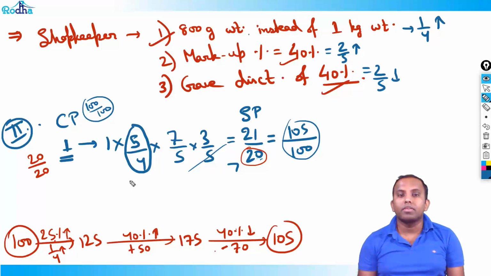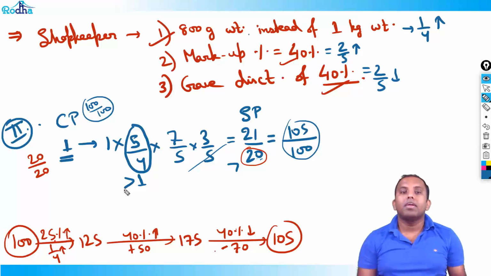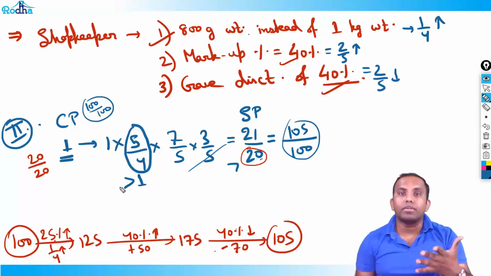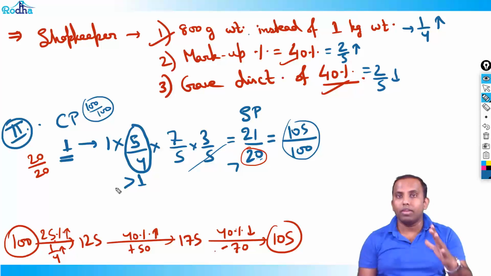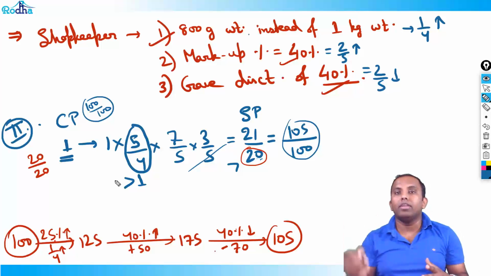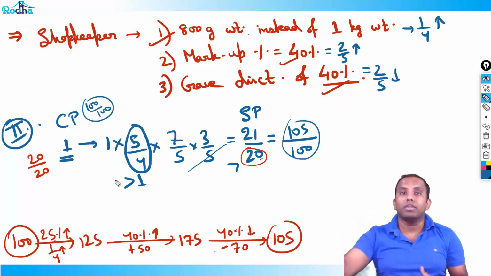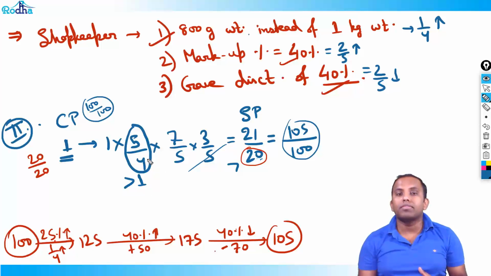It is 1 point something. This number is greater than 1. That means the shopkeeper is making a profit. When you multiply 1 by something greater than 1, the number will be more than 1. So 5 by 4 itself indicates that the shopkeeper is making a profit.